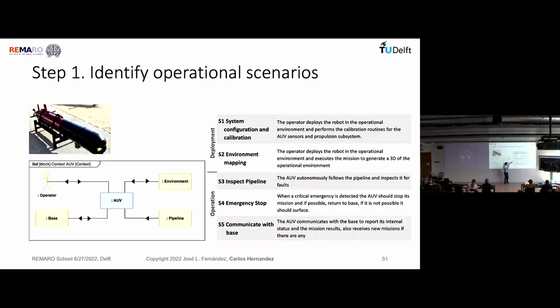But we have other scenarios, as José Luis was mentioning, that are maybe not that intended, but we know that they will happen. So we need to model what we expect the system to do in the case of an emergency stop, for example, when something goes wrong. We don't expect the same kind of things to happen in a robot on the ground than in a robot underwater.